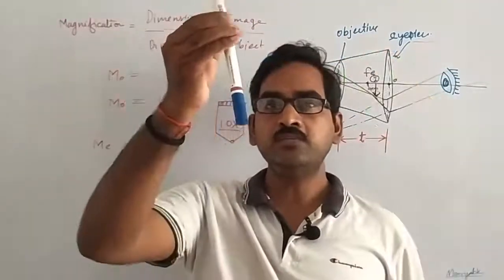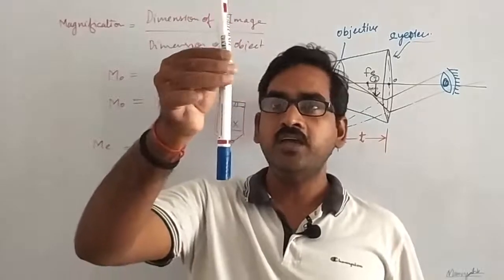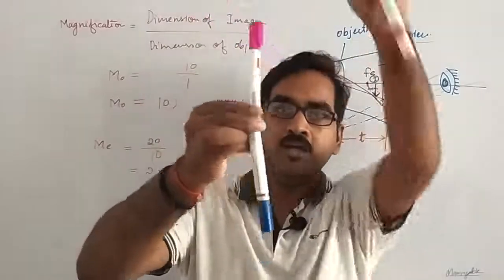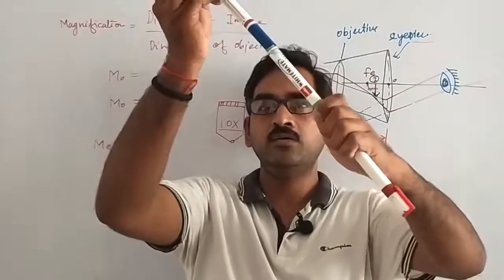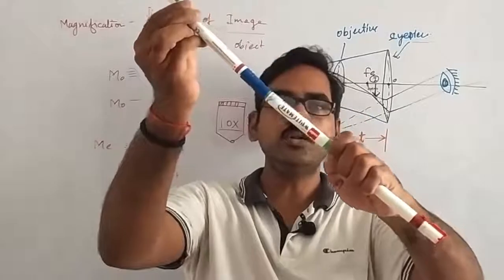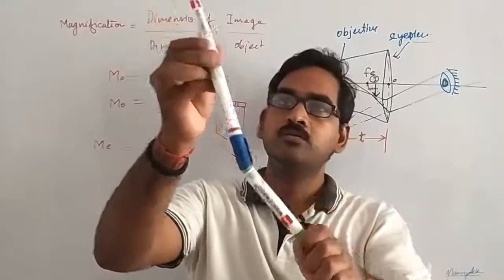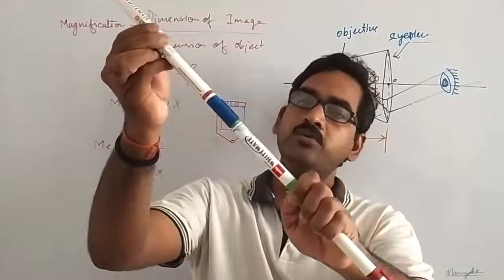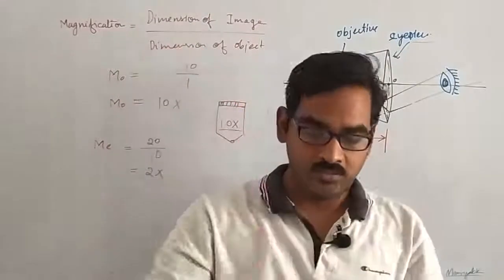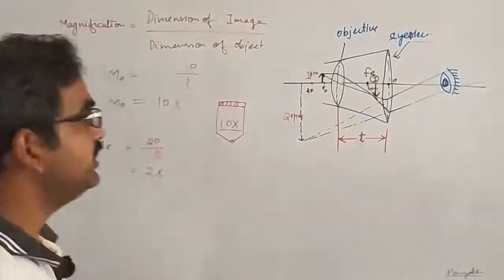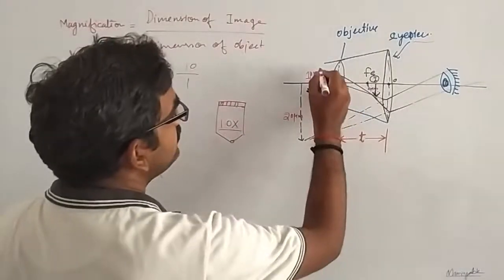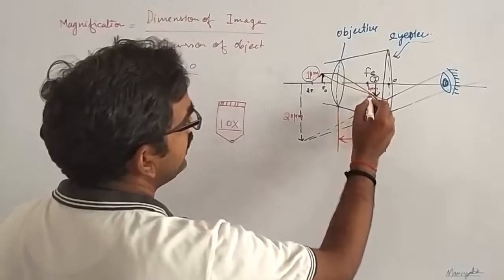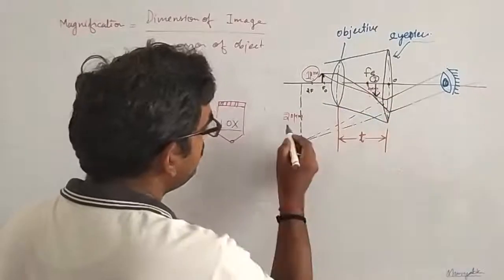So the first magician, I, increased it 2 times, and the second magician came, said abracadabra, and made it further 2 times. Then the total is 4 times. So simply we can say that this 1 micron is magnified 10 times and further this 10 is magnified 2 times.